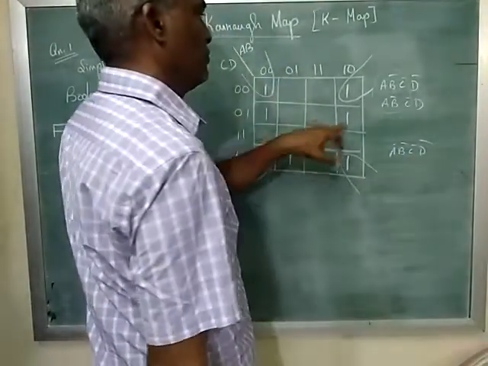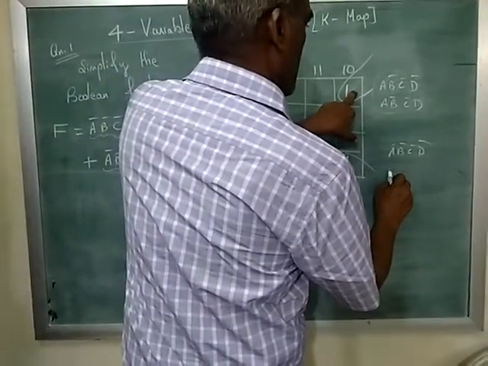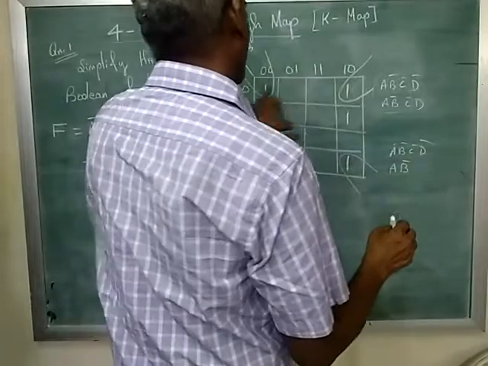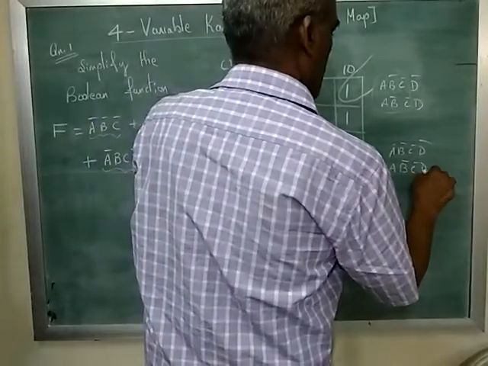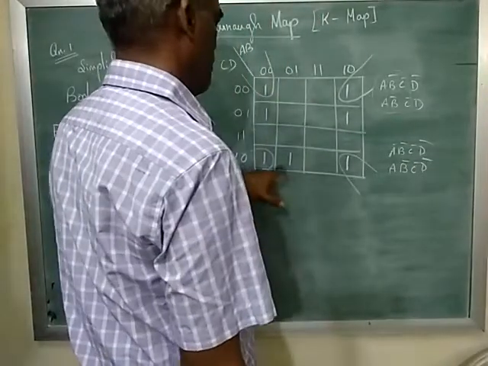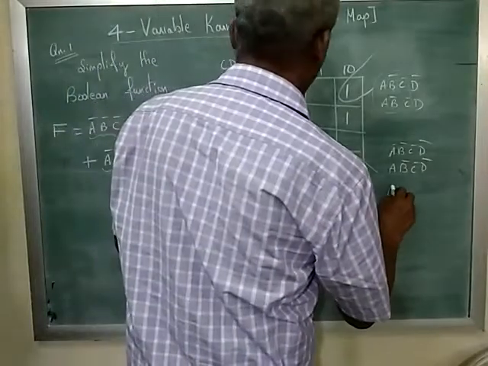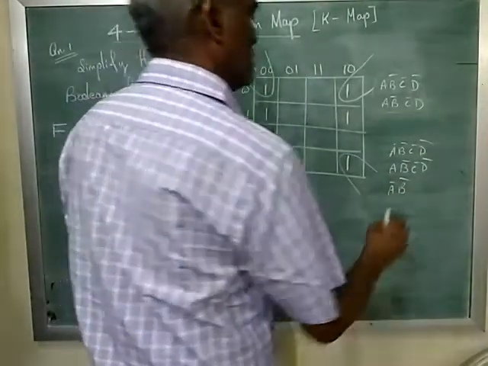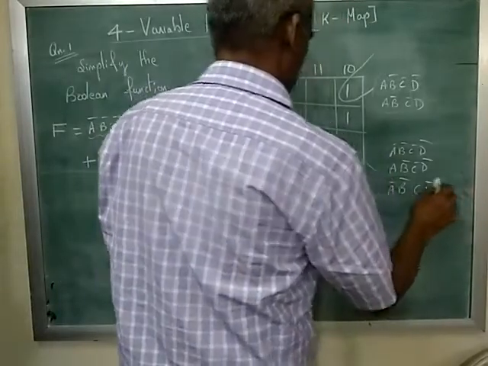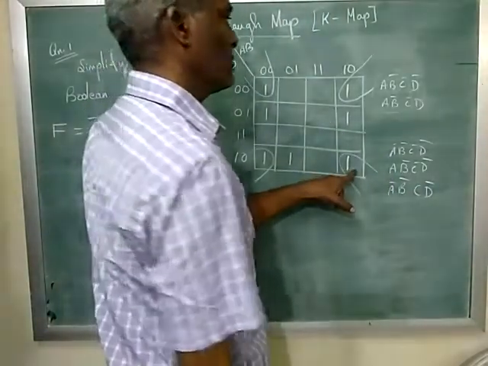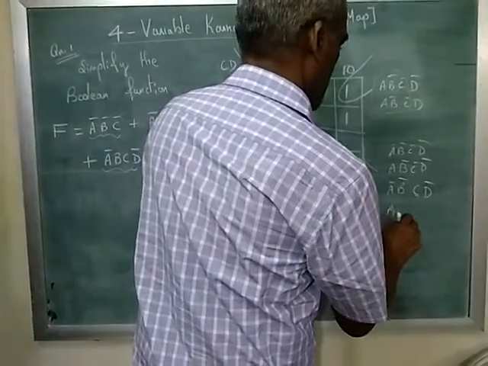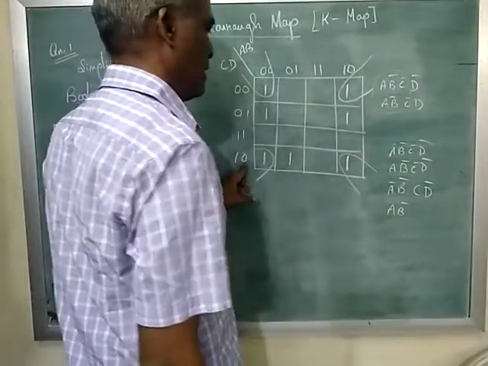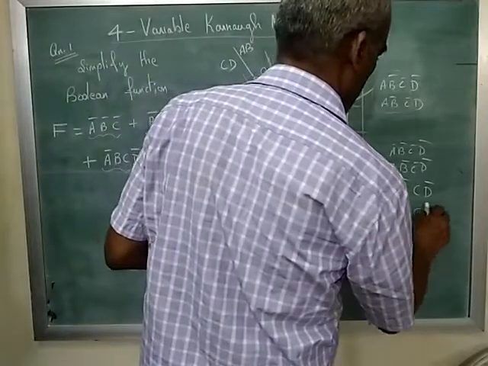If you come here, A, B bar, then C bar, D bar. If you come here, it is A bar, B bar, then C, D bar. If you come to this box, it is A, B bar, then C, D bar.